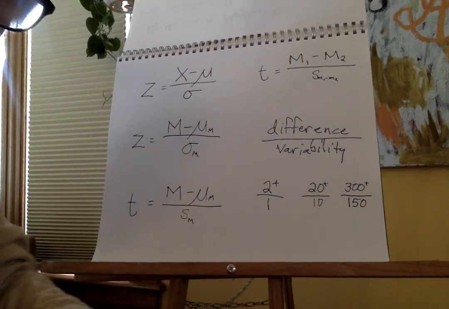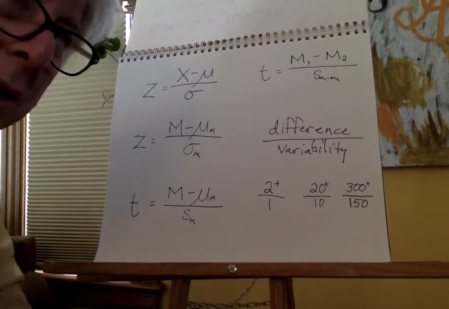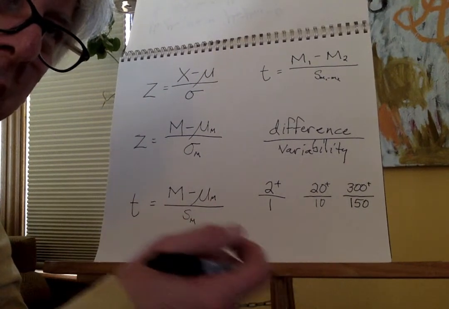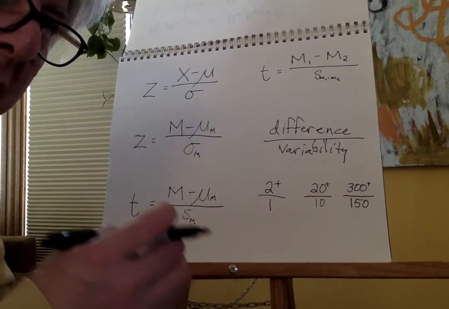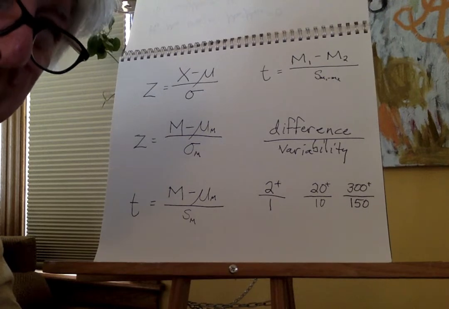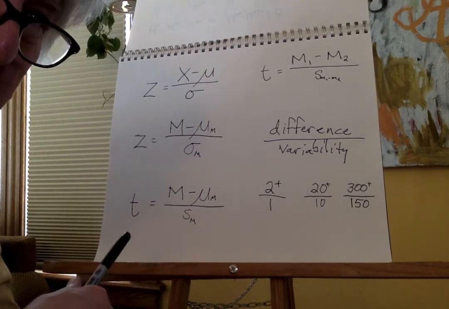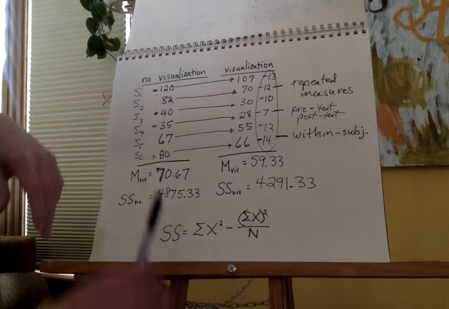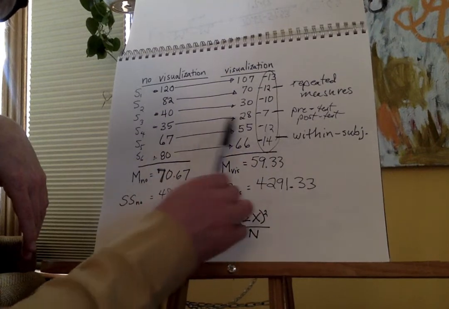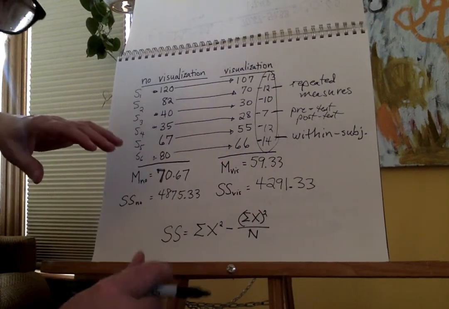So that's all I want to do with the repeated measures, with that within subjects design. The book calls it correlated T-test. I don't like that term. That's why I didn't use it. But it's when you have the same people, then you can account for some of the variability.